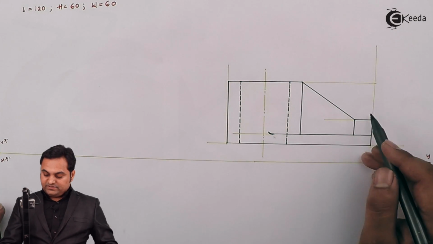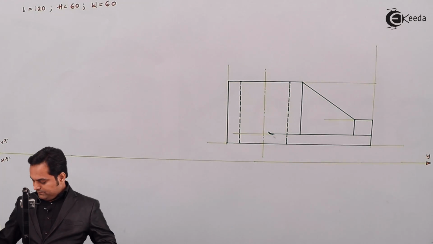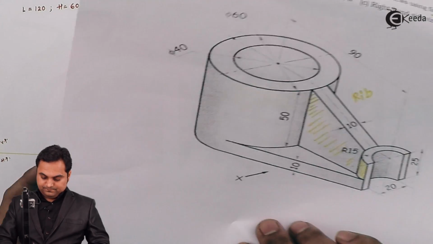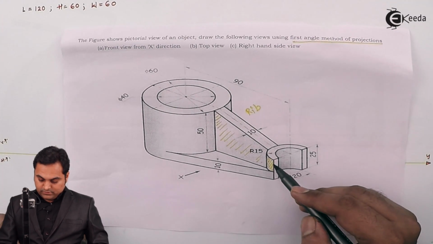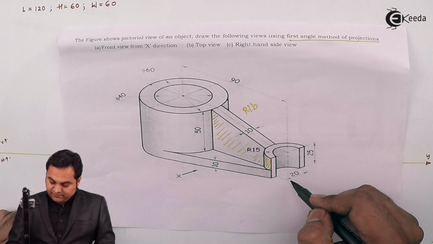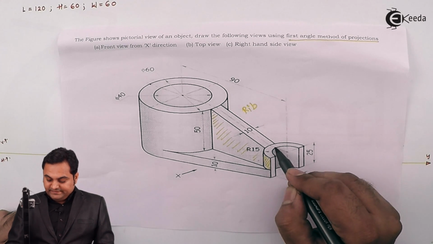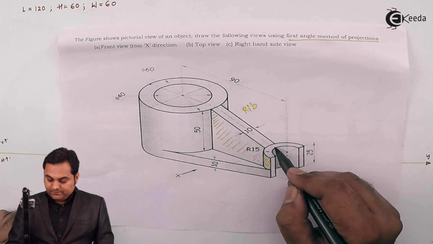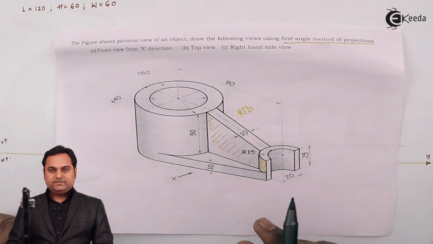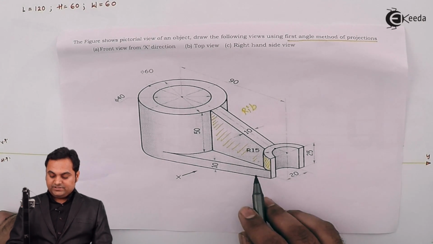Next, inside this semicircular portion also there is another semicircle. Here the diameter of this inner semicircle is given, that is 20, so its radius will be 10. From this location up till here the radius is 10, so that will also be hidden, it is not visible along x direction.